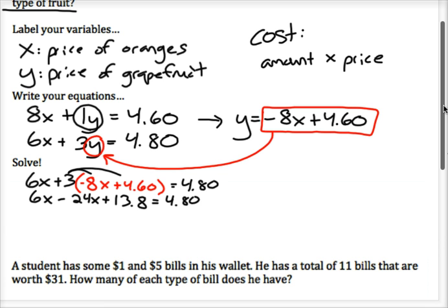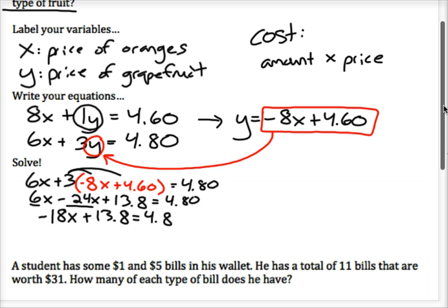I have like terms that can combine. 6x minus 24x. Well, 6 minus 24, that's going to leave us with a negative 18. So we have negative 18x plus 13.8 equals 4.8.